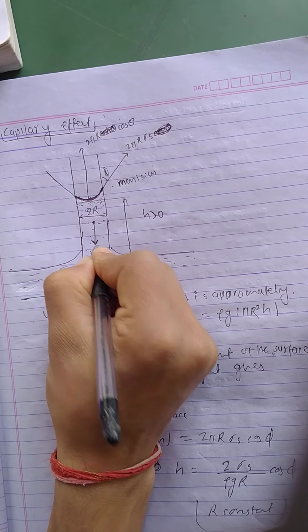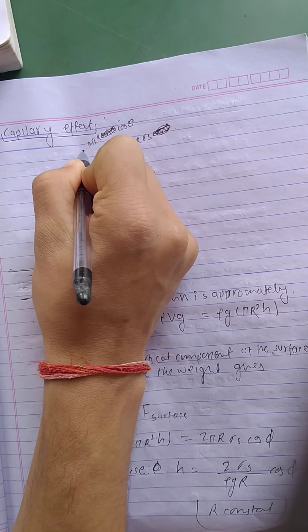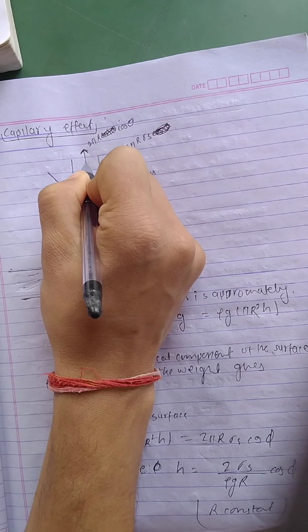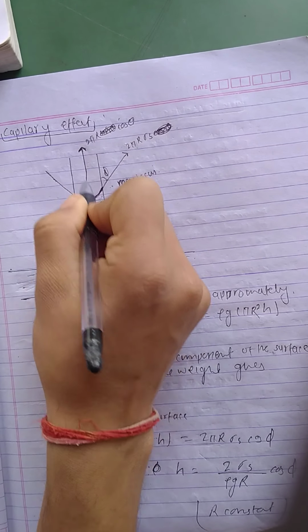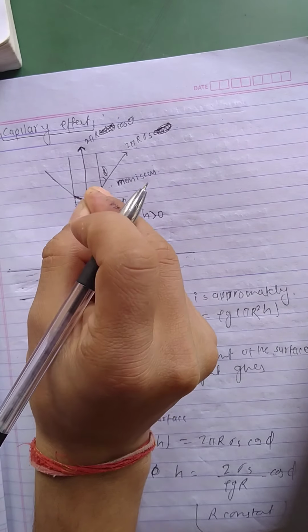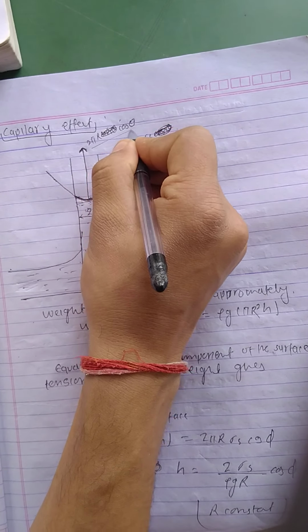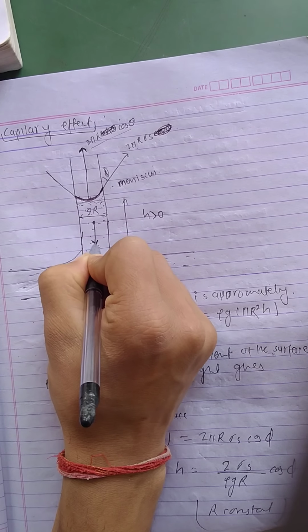We are talking about the vertical force. It will rise till the upward force is equal to the downward force, that is, the weight.